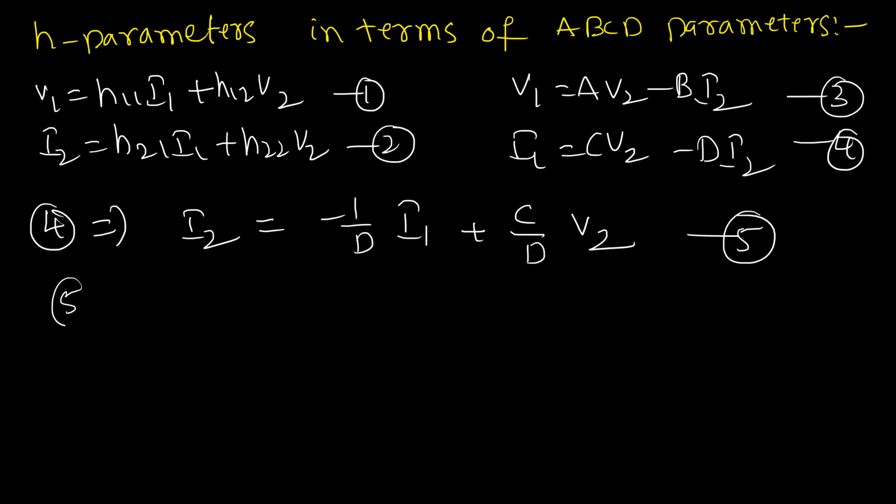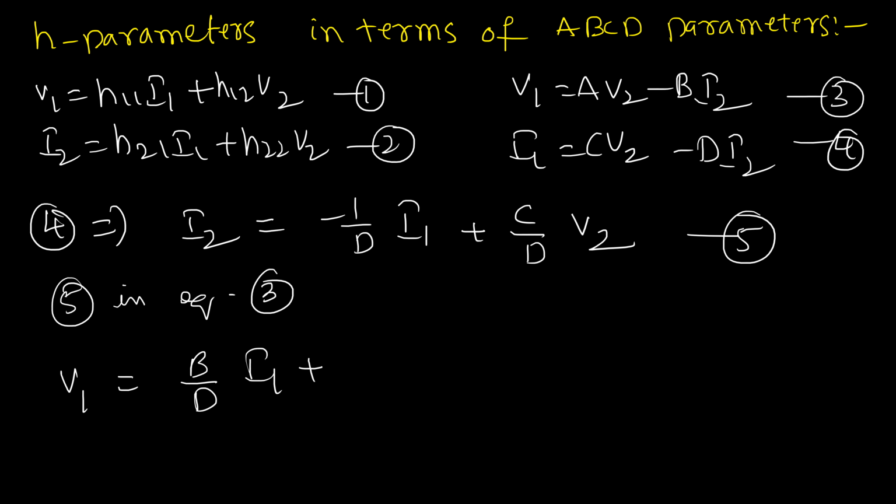Now you substitute this fifth equation in equation 3. Okay, so if we can substitute, we will be getting V1 relation. V1 will be, so I'm directly writing here, this is B by D into I1 plus AD minus BC by D into V2. Call it as equation 6.